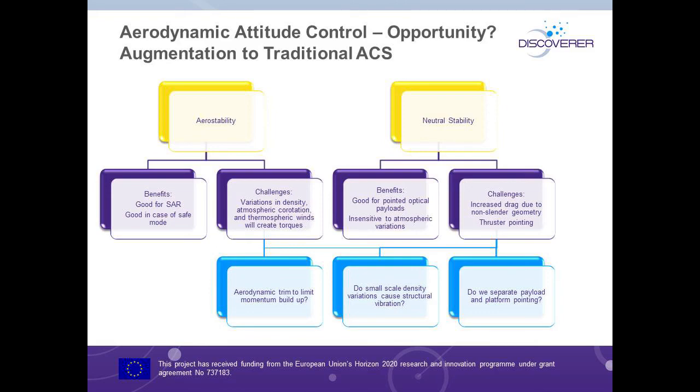As your satellite travels around the Earth, because the atmosphere is appearing to come from different directions, even apart from the thermospheric winds, that means your satellite's going to want to point itself off the velocity vector, which is actually what you need to maintain for that synthetic aperture radar measurement. Which leads us to the question about whether or not we therefore need to add things like aerodynamic surfaces to keep aerodynamic trim, to keep the satellite stable to the orbital velocity direction and not to the atmospheric flow direction, for example.